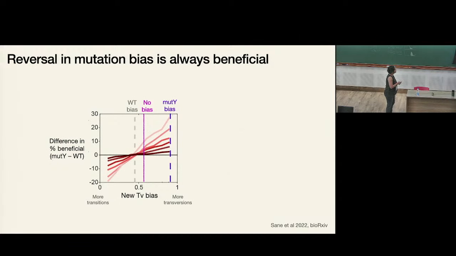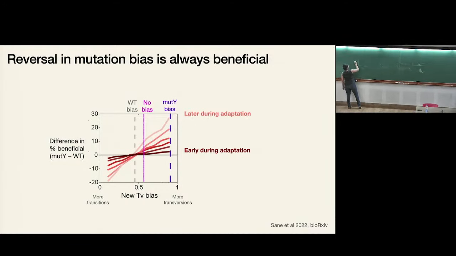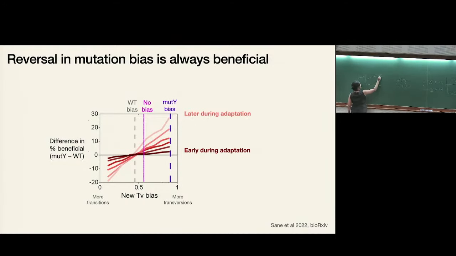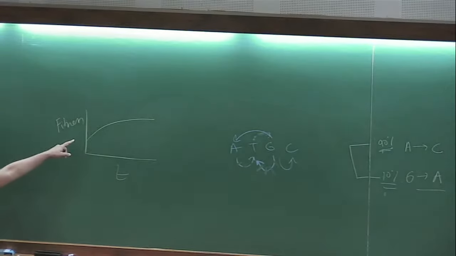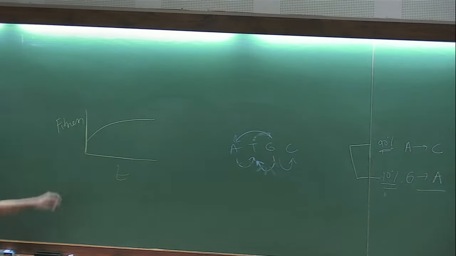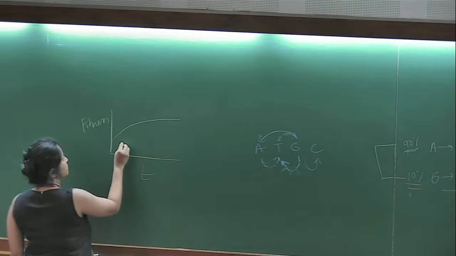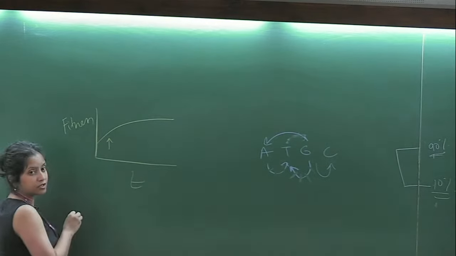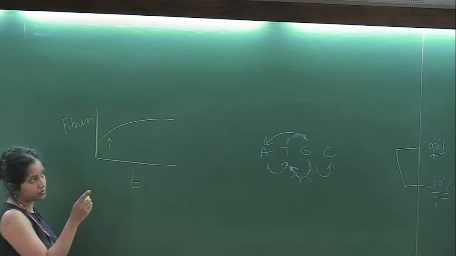So what are these different colors? They indicate later during adaptation, the light colors, and dark colors are early during adaptation, right? So in an adaptive walk, what we generally expect to see is that over time fitness will increase, right? This is similar to what we saw in the Lenski lines, remember? And so we're asking, if I now simulate a bias shift here, which is early during adaptation, what's the impact?